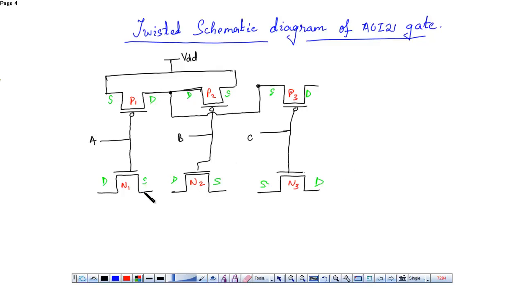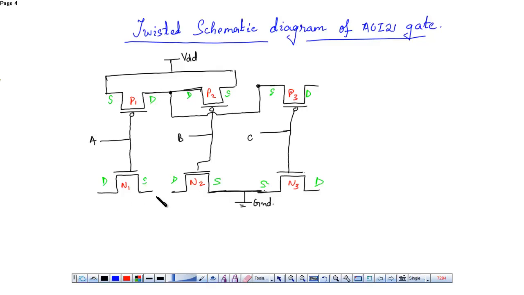Before that, the source of N2 and N3 were shorted to ground. The source of the NMOS is connected to ground. P1 and P2 were in parallel, N1 and N2 were in series. N1 and N2 in series were both in parallel with N3.